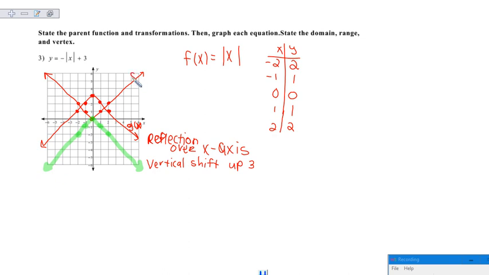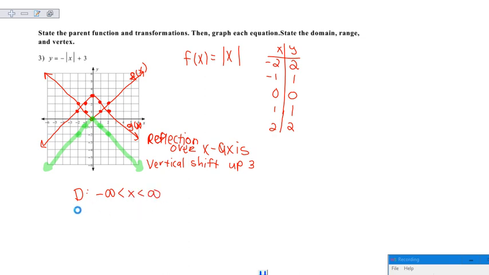So this one here, the V going up is f of x, the parent. And the V going down, that's up at 3, is our G of x. The domain of this function is negative infinity to infinity.